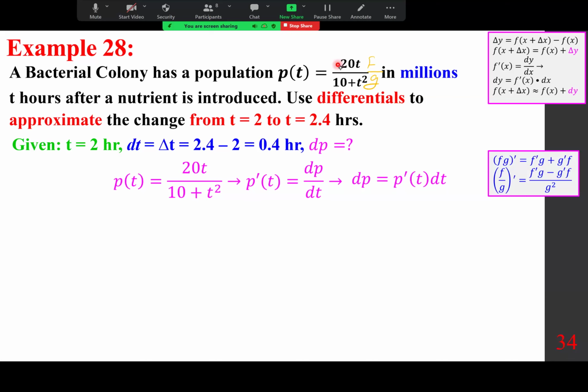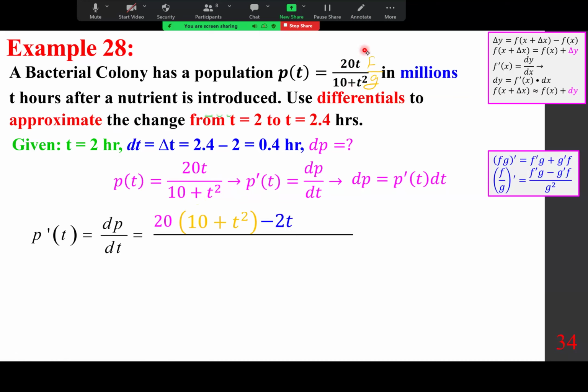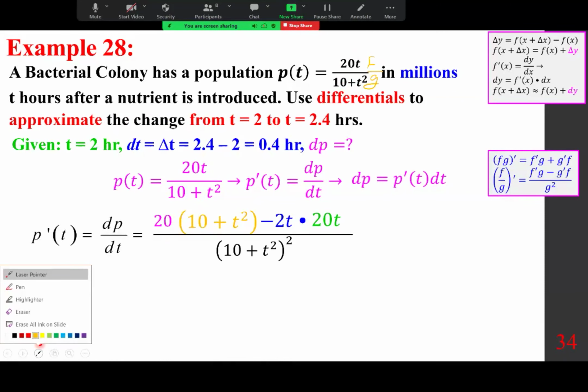So f prime is 20 times the bottom 10 plus t squared, or g, minus g prime is 2t times f or 20t, and the bottom g squared. Just put it in a parenthesis and square it. This has to be simplified by distributing and then combining.